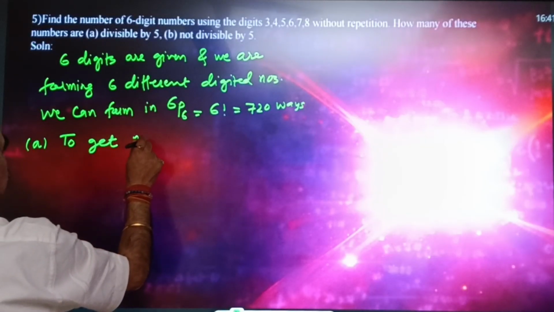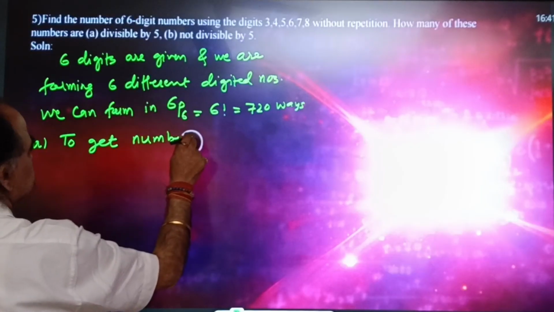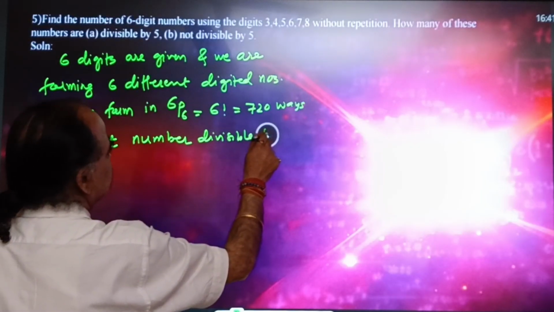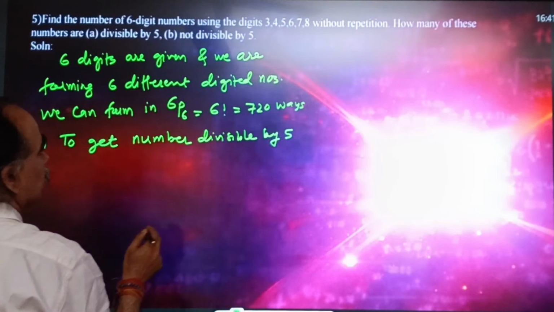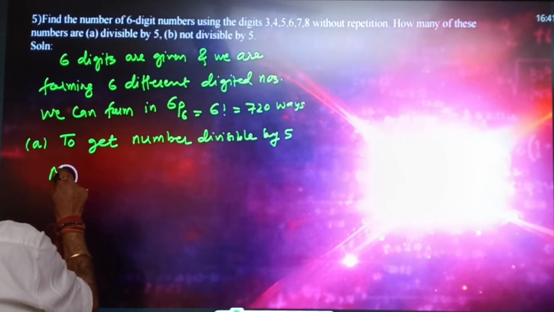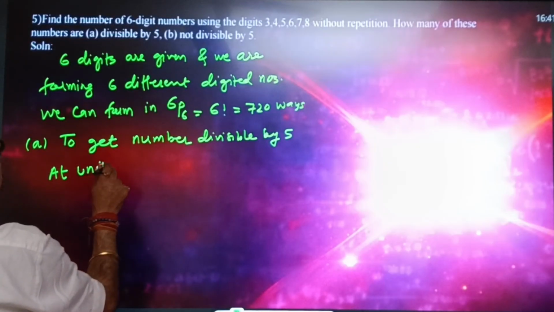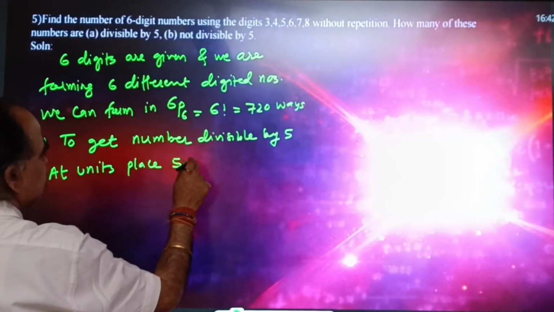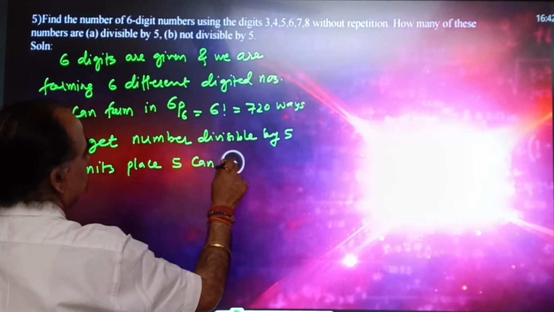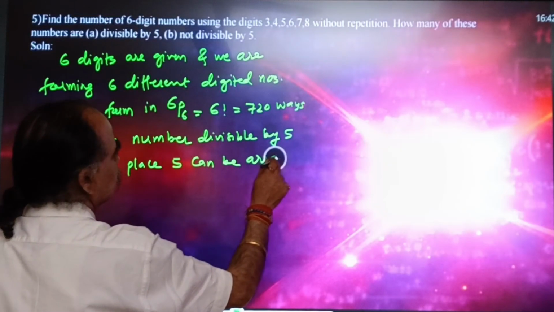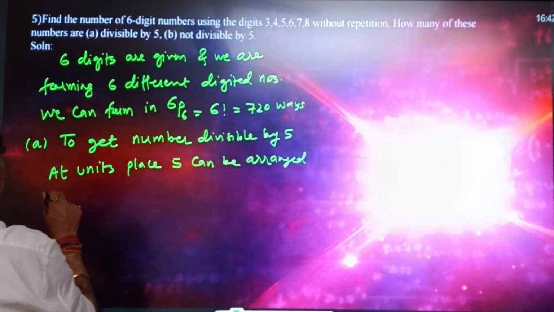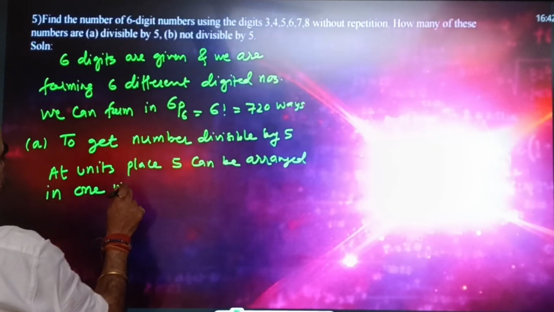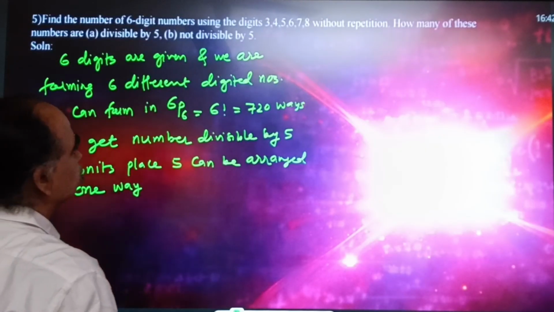To get a number divisible by 5, at the units place 5 can be arranged in one way.